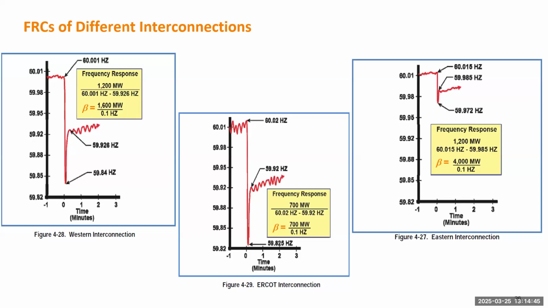For the Eastern connection, that's 4,000 megawatts. That's pretty large. For the Texas connection, the ERCOT interconnection, that's just 700 megawatts. So 700 megawatts is not large, right? Even the output of some wind farm can be that large. A wind farm can get close to that.